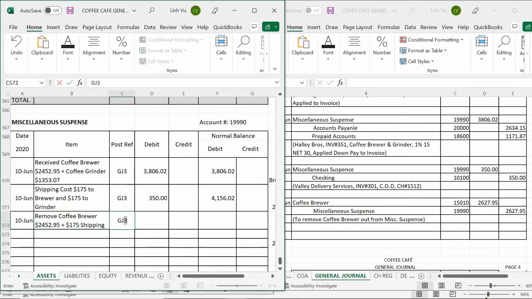And that's going to give me, right, I'm going to subtract $2,627.95 from my account. So then how much should be left over in the miscellaneous suspense if I'm going to remove $2,627.95?